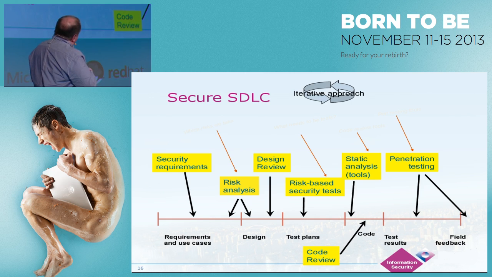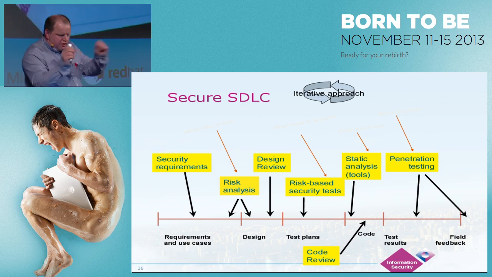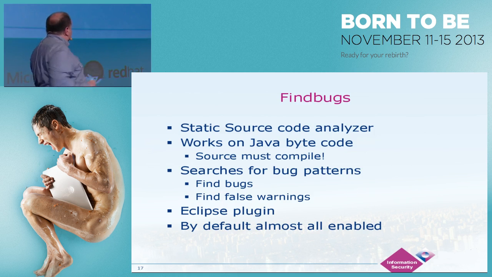Here you can already start using static source code analysis tools to detect security problems. And then you go into the testing part, and then you can perform penetration testing and also automatic penetration testing. And if you want to do it in an agile way, I think you can also perform it in an agile way. You just switch around the phases a little bit.